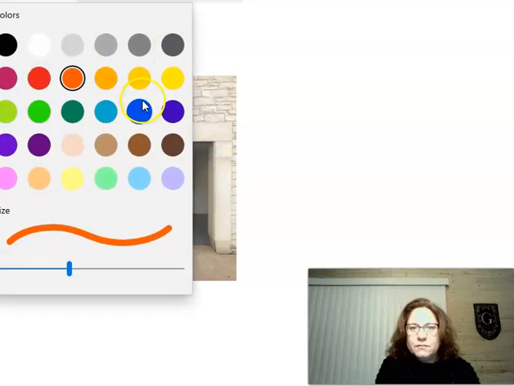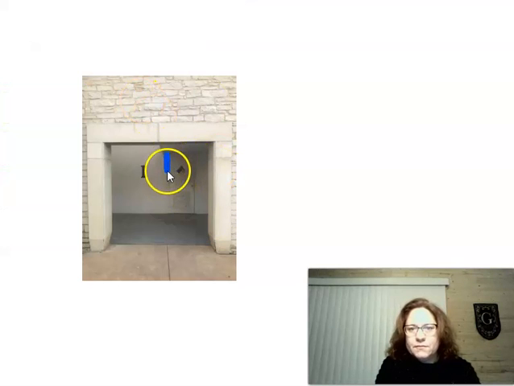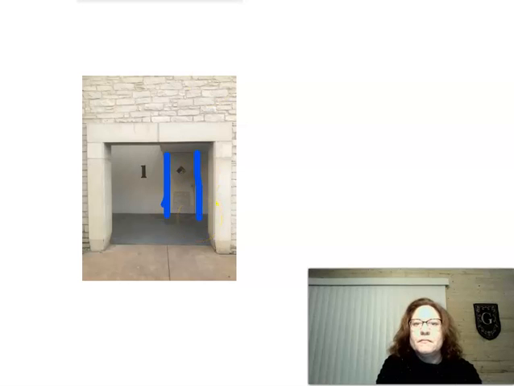And we also have parallel lines for this door. Right? Let's try another one.